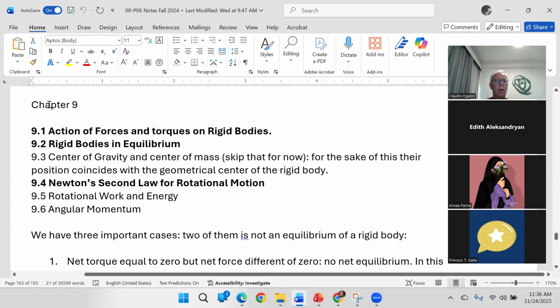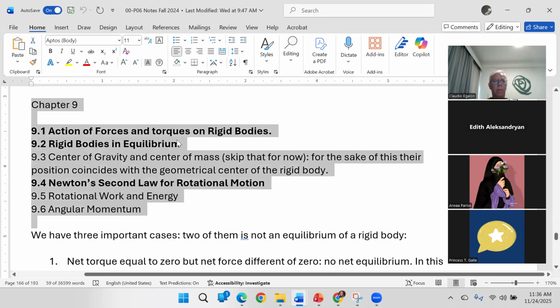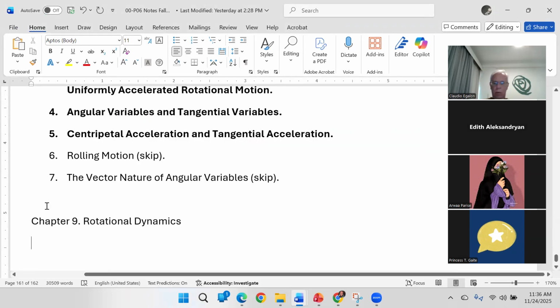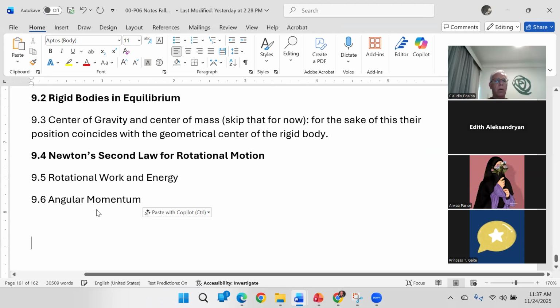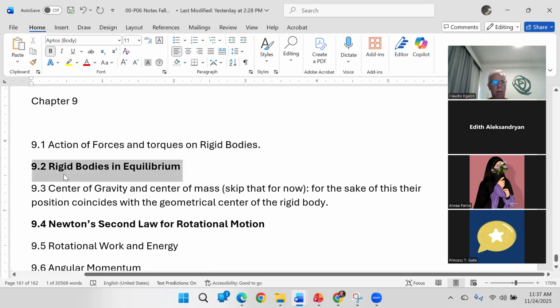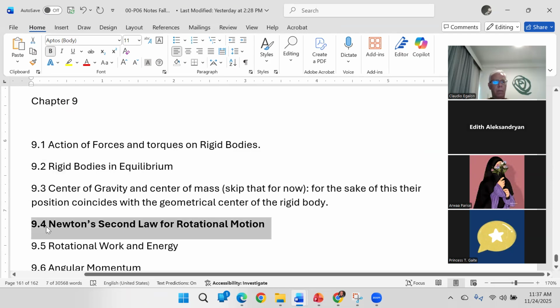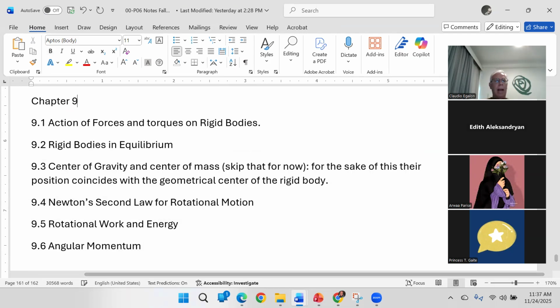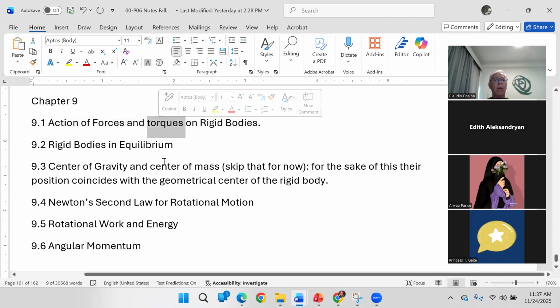Those are the sections of this chapter. Action of forces and torques on rigid bodies. The idea of torque here is what I like to call the angular force.